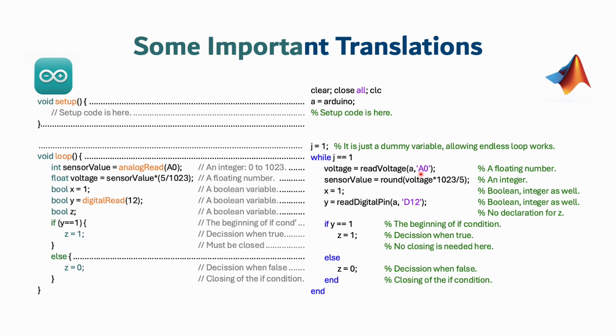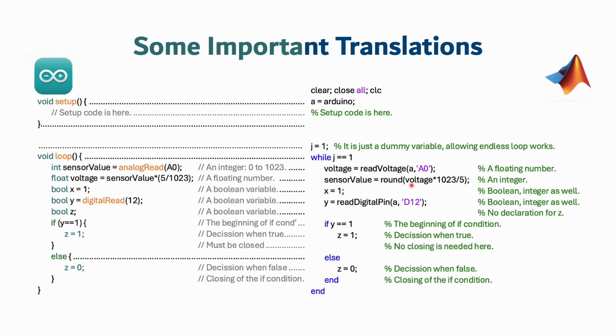If you want to convert the voltage into sensor value, which is rarely performed, I've never used this, but let me introduce how to do it. The voltage must be multiplied by 1023 divided by 5, and in front of this we have to put a rounding function.